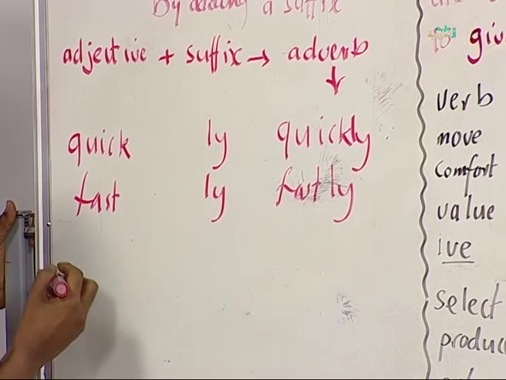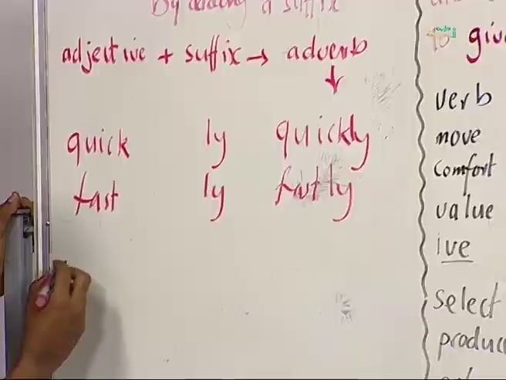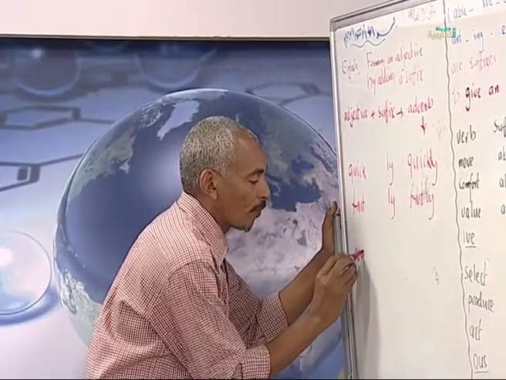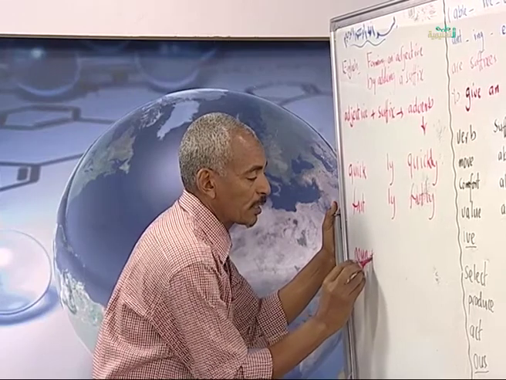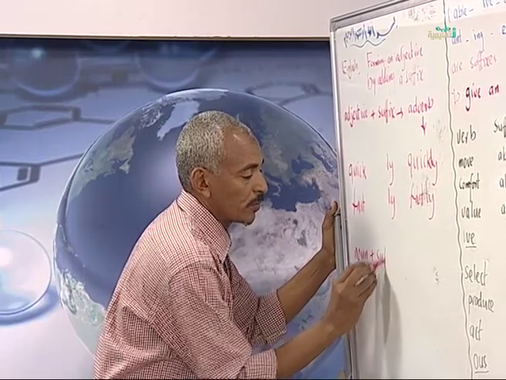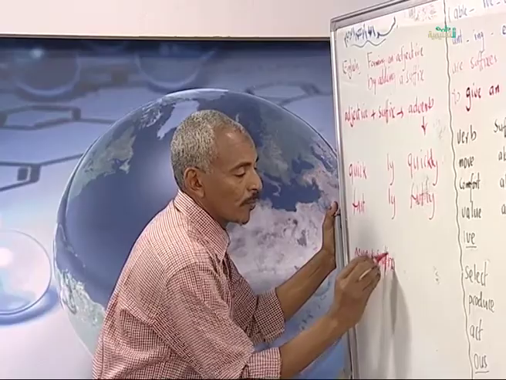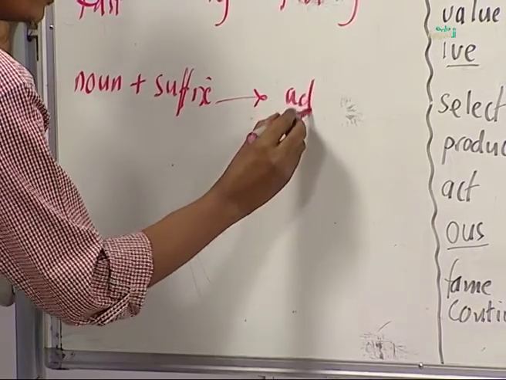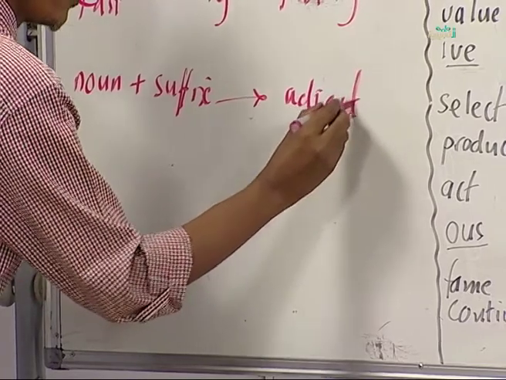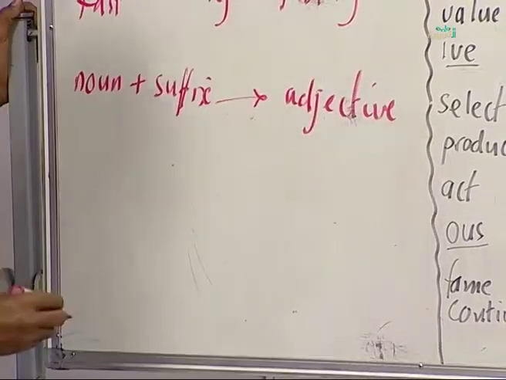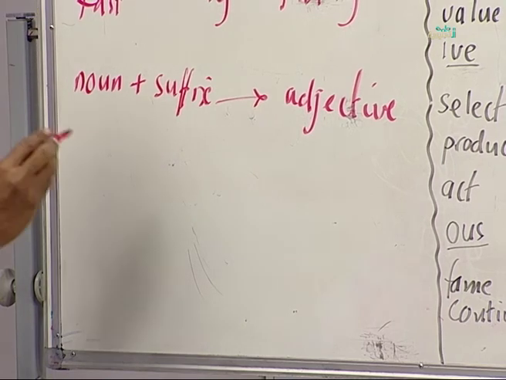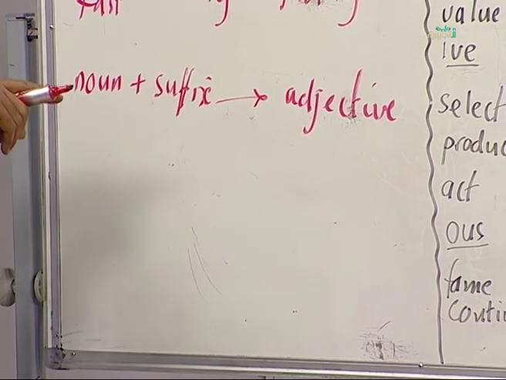To continue, we have noun plus suffix to give an adjective. This is going to be in this matter when we are going to add two nouns together.